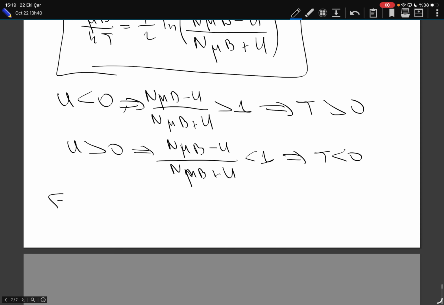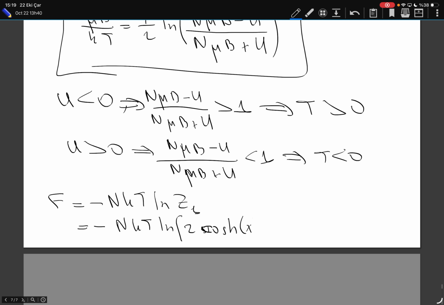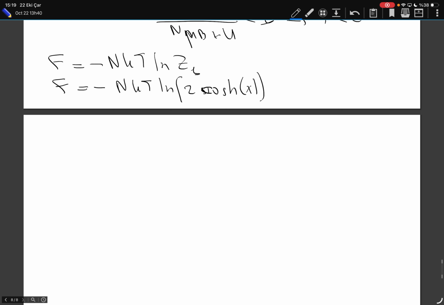Now the free energy is minus NkT logarithm of z1, which is minus NkT logarithm of twice cosine hyperbolic x. This is the free energy we have. Entropy is minus the derivative of free energy with respect to temperature.